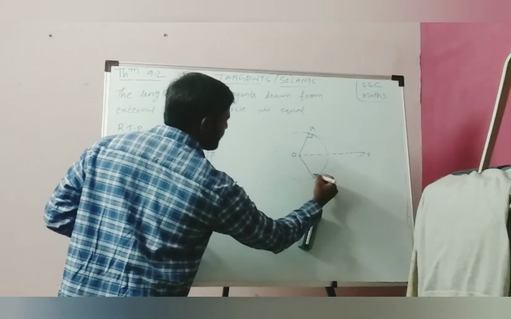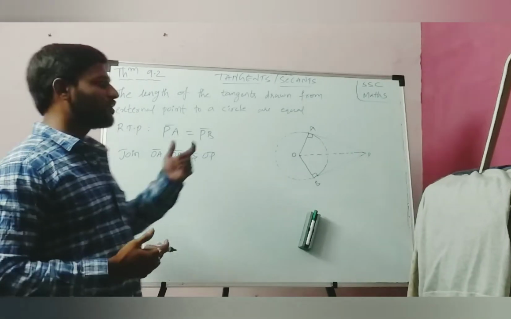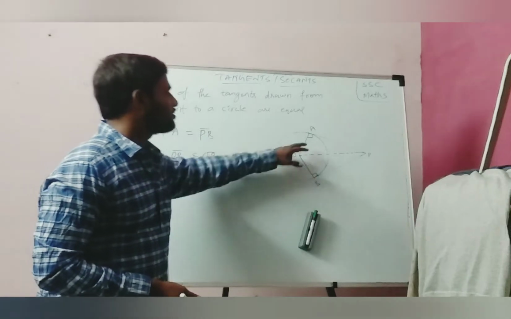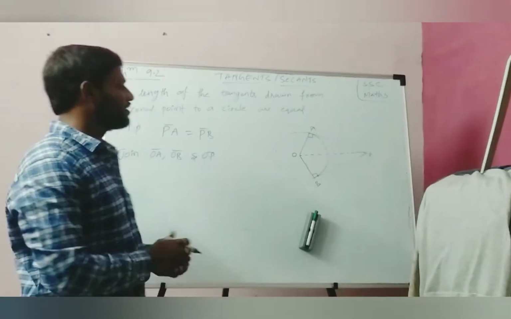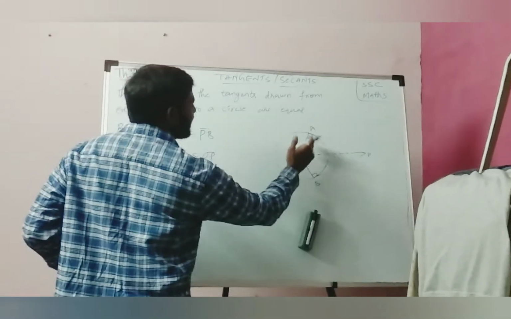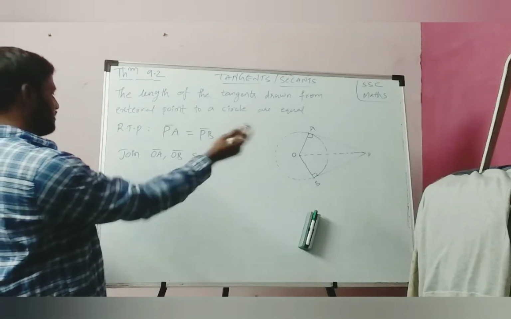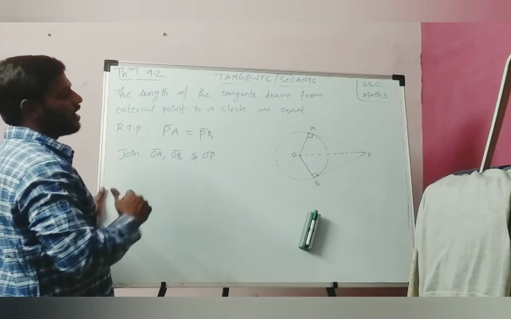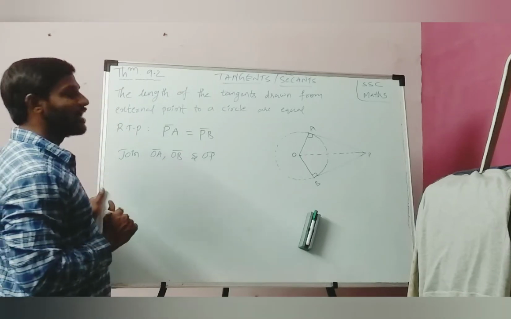Here OB is also a radius, which is perpendicular to the tangent. To prove two triangles congruent, we need three equal measures of this triangle and this triangle. Since these two triangles are right-angled triangles, I want to prove them congruent by the RHS axiom.